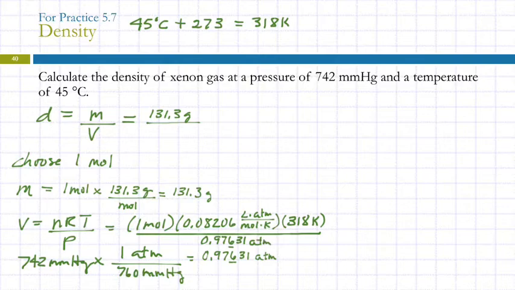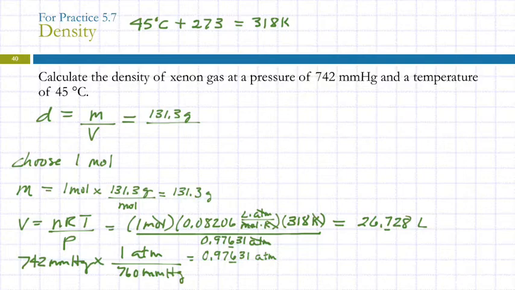Look at the units. Moles cancel moles, atmospheres and atmospheres, Kelvin and Kelvin. It's encouraging that liters is left, and that's what we're looking for, is volume. So we got 0.08206 times 318 divided by 0.97631, which is 26.728 liters. That's the volume of 1 mole of xenon at this pressure and temperature.